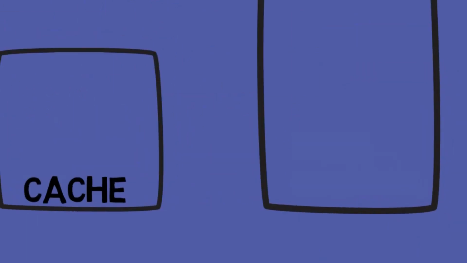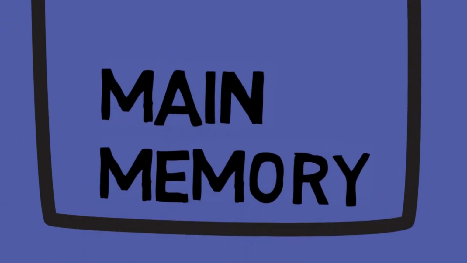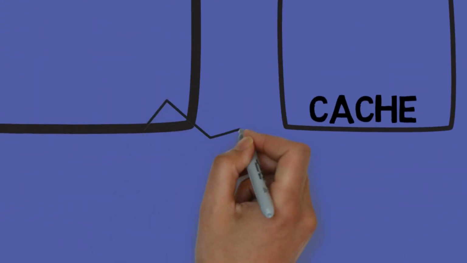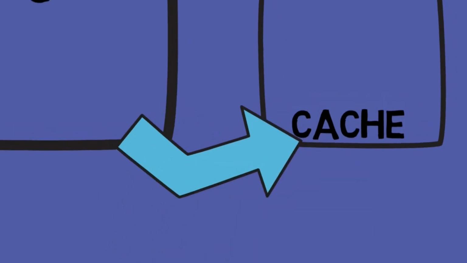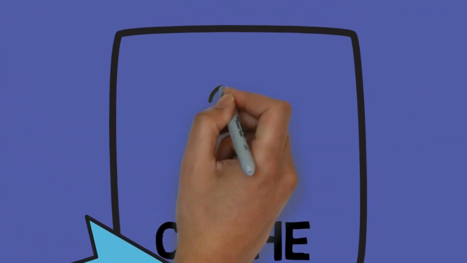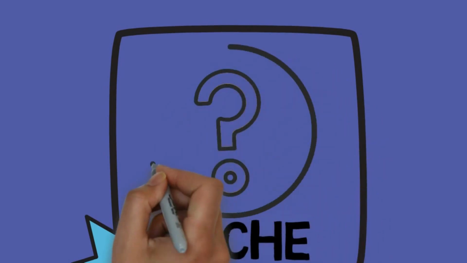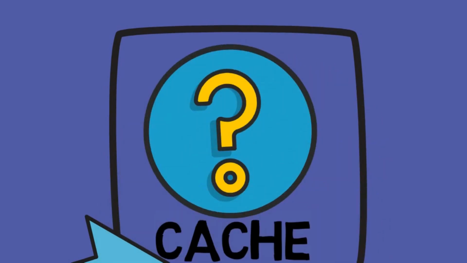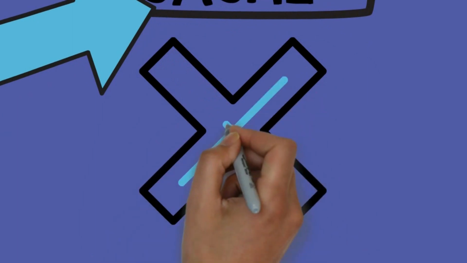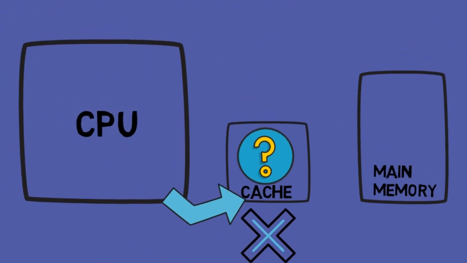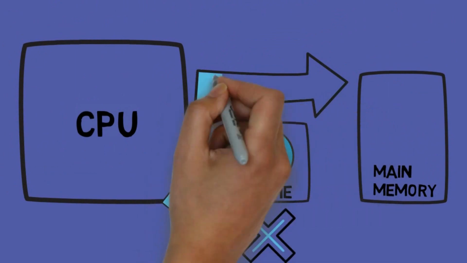Initially, whatever the CPU requests is searched first in cache. If the cache doesn't have the searched data, the search goes to the main memory, and the same thing is searched in main memory.